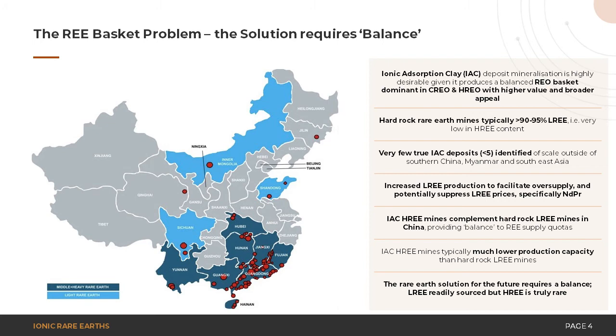If they focus primarily on the hard rock rare earths, they would produce excessive amounts of those light rare earth elements, including neodymium and praseodymium, in order to provide the required amounts of the heavy rare earth, dysprosium and terbium, for example. So it's very important that you get the balance by mining and processing a combination of the heavy rare earths that come from the ionic adsorption clays and the light rare earths that typically come from the hard rock light rare earth mineral deposits.